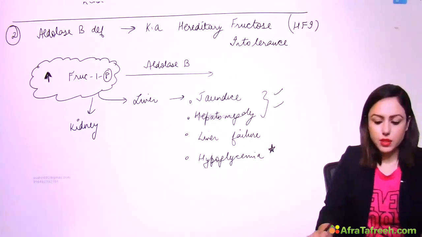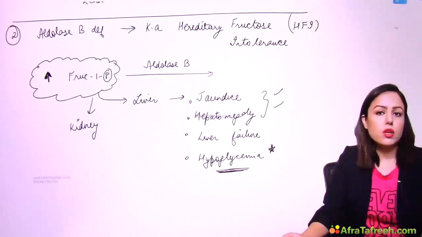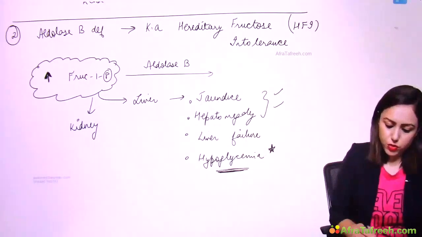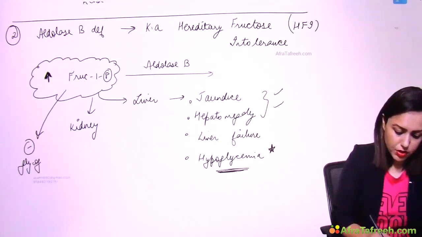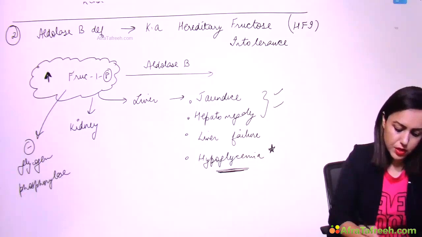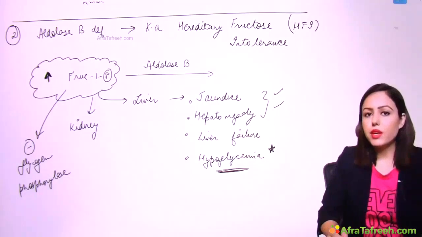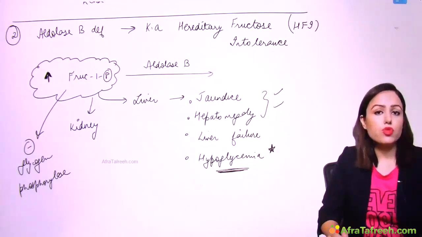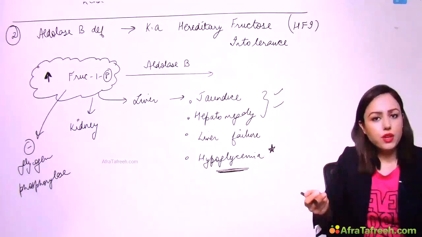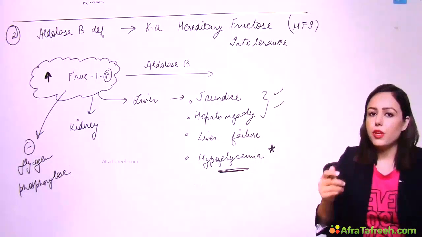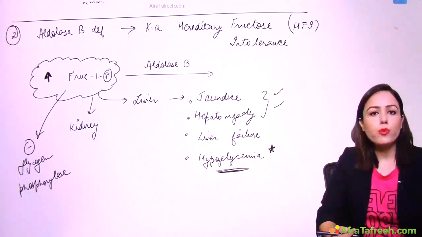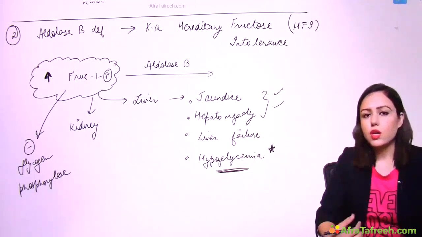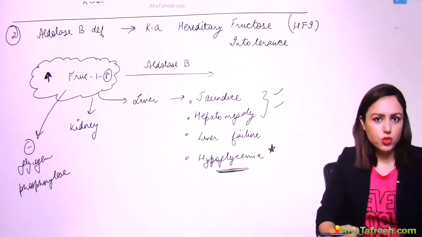How this hypoglycemia will occur is very, very important, because I told you that fructose 1-phosphate inhibits the enzyme glycogen phosphorylase, which is the rate limiting enzyme of glycogen breakdown. So glycogen breakdown will not occur and the patient will have hypoglycemia, as glycogen won't be broken down to give glucose and this glucose won't be coming into blood, right?